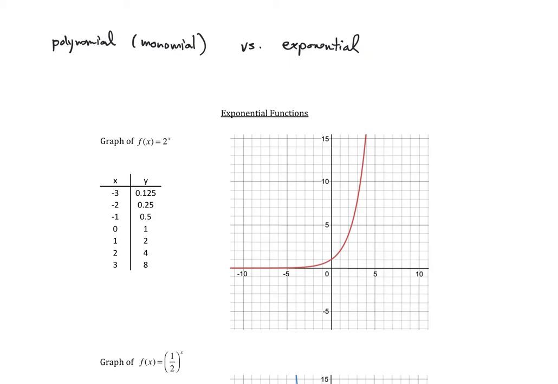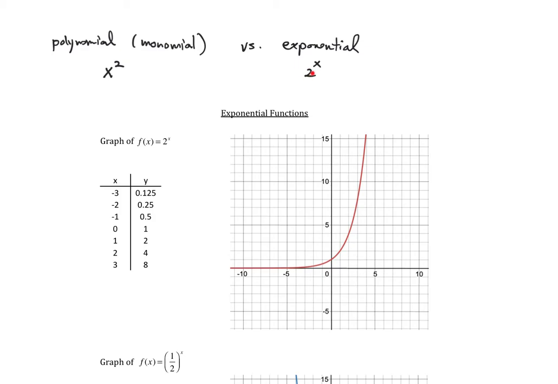A polynomial or monomial, meaning that there's just one term, would be something like x squared, whereas an exponential function would look something like 2 to the x. And what we could see is that in a polynomial, the variable is not in the exponent. However, you have a constant for the exponent. In an exponential function, it's reversed.